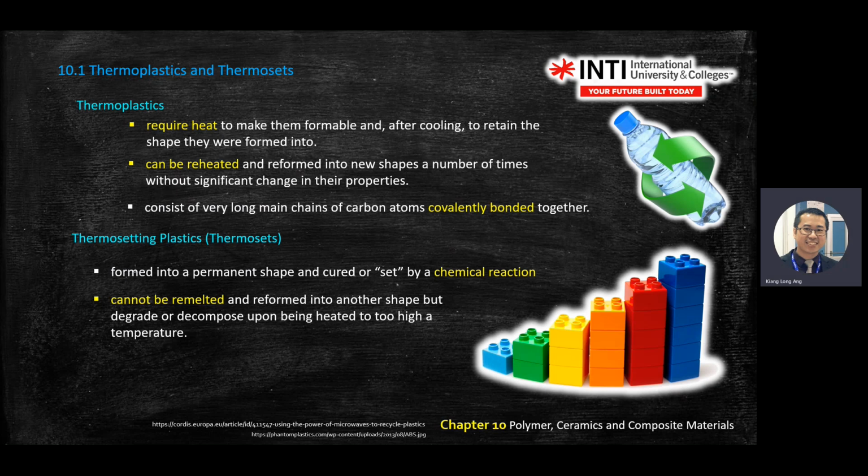They have covalent bonds. However, a thermoset is cured. You need chemicals to cure it. You cannot remelt the thermoset. So the difference is here: plastics you can reheat, but thermosets you cannot reheat.